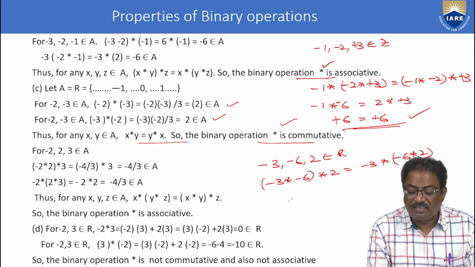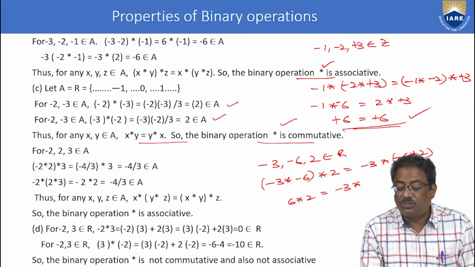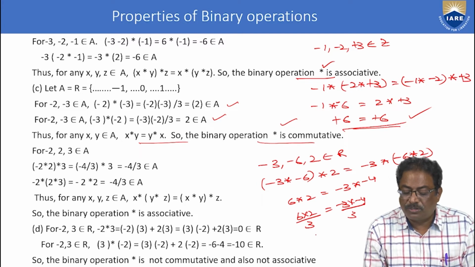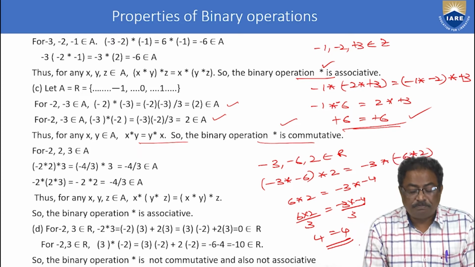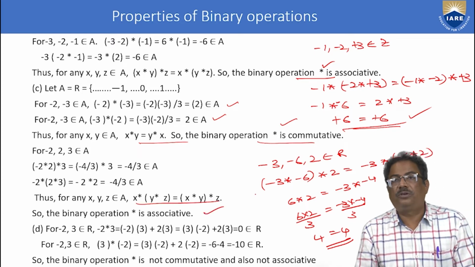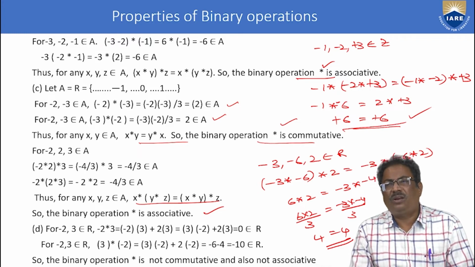So it is nothing but 6 star 2 and this is -3, which becomes -4. So it is 6 into 2 by 3, then -3 into -4 by 3. So what I am going to get is 4, and here also 4. So in any way the condition is going to be satisfied, so we can say that it satisfies the associative property.